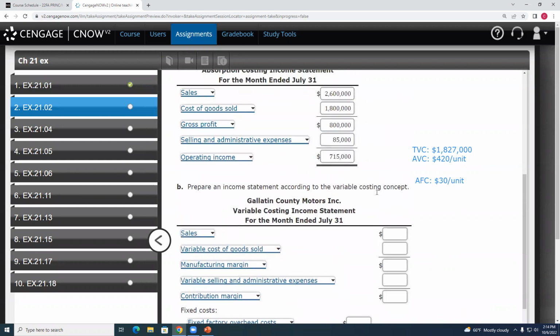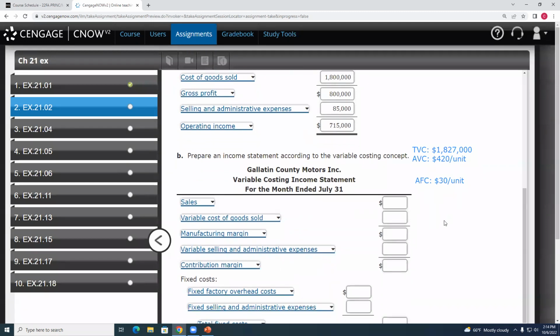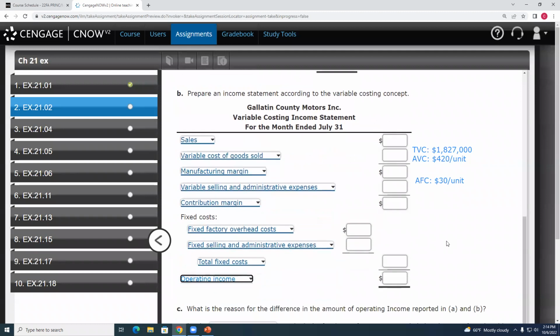We know, I already told you. Oh, wait, never mind. I was going to say something that wasn't actually even true. I was going to say the operating income doesn't change, but this is variable costing and it is going to change from absorption costing.